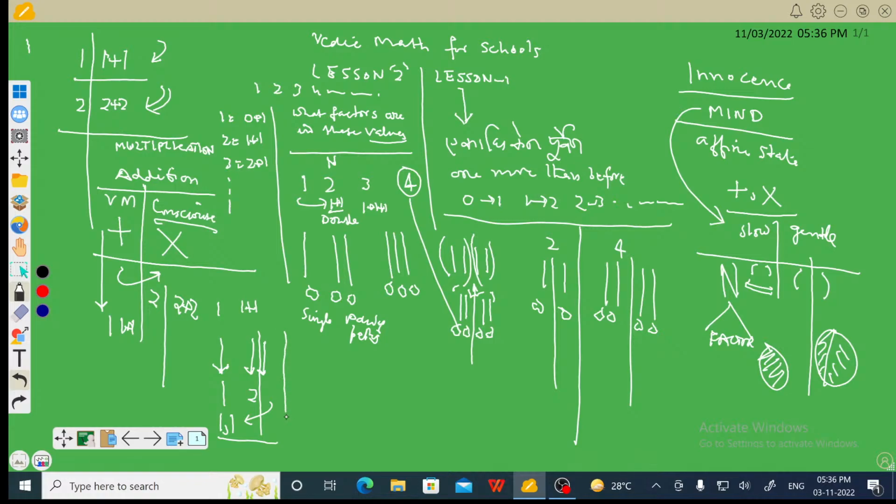However, we have to introduce the concept, and we can slowly take it that we are transiting from addition to multiplication, or in other words, from reaching from number to the factors of a number.